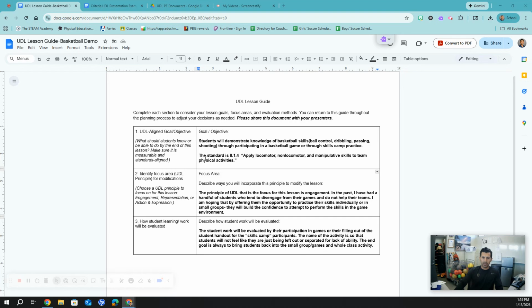So the standard that we're looking at right off the bat is standard 8.1.4. So apply locomotor, non-locomotor, and manipulative skills to team physical activities. And so for each unit, we're starting with basketball here. Students will demonstrate the knowledge of basketball skills, ball control, dribbling, passing, and shooting through participation in a basketball game or through skills camp practice.